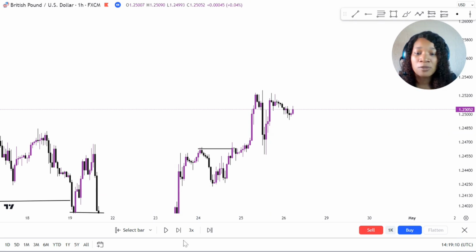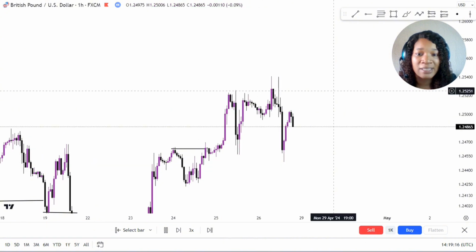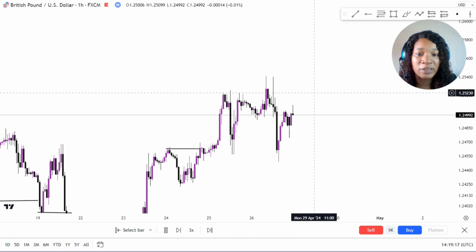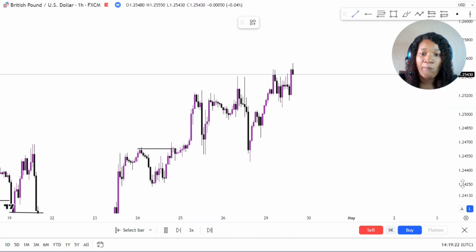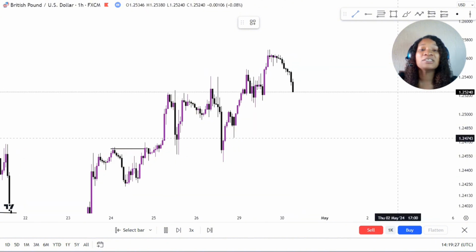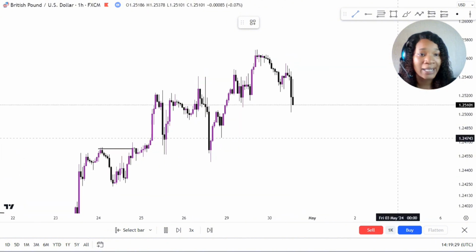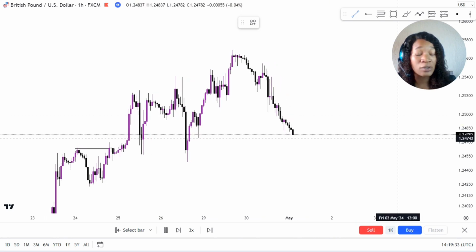Okay, so you can see that price is now giving break of structure to the upside, and so on and so forth. Now change of character can be used in two ways. Like I said, you can use it to spot a trend reversal.